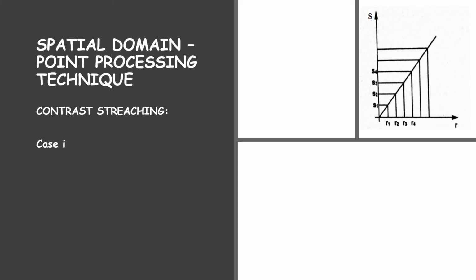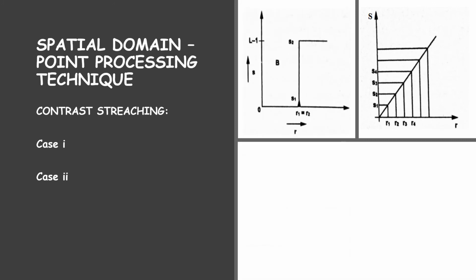In this figure we come to the conclusion that it is a linear function, where R1 is equal to S1, R2 is equal to S2, R3 is equal to S3, which is linearly proportional. Both are the same, and the processed image S and original image R in this kind of transformation is called a linear function transformation.